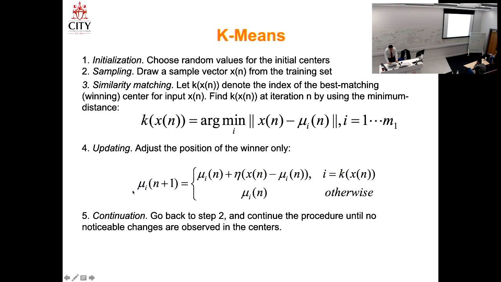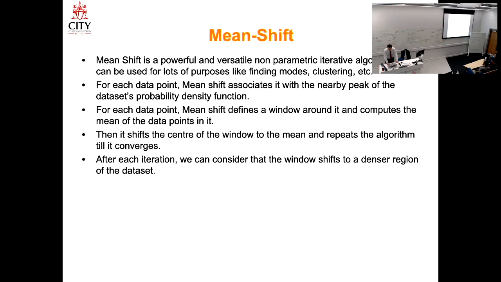So what you can see here is I'm only updating the mean that is the winner. In this case, we call these models winner-take-all, or WTA models, because the winner is taking everything. That's it. I win, I update. No one else updates in the model, right? So later we will see how we can change that. There is another model for clustering, which is mean shift.